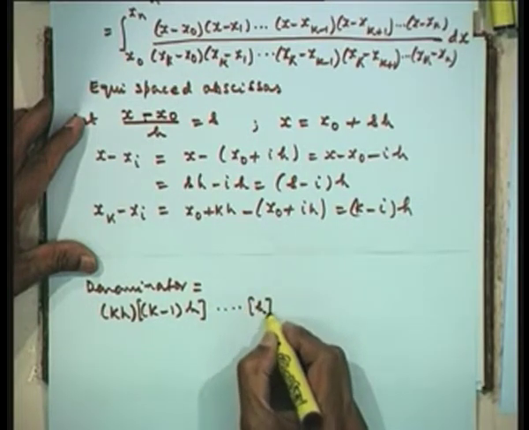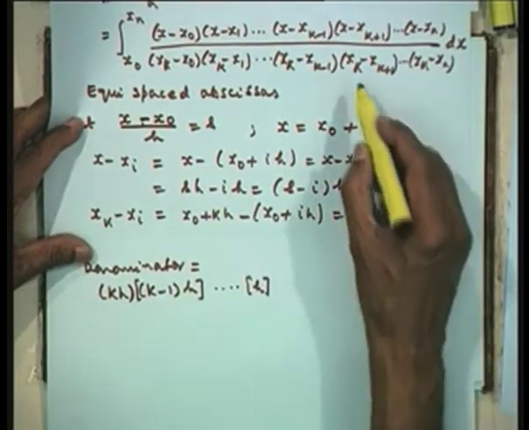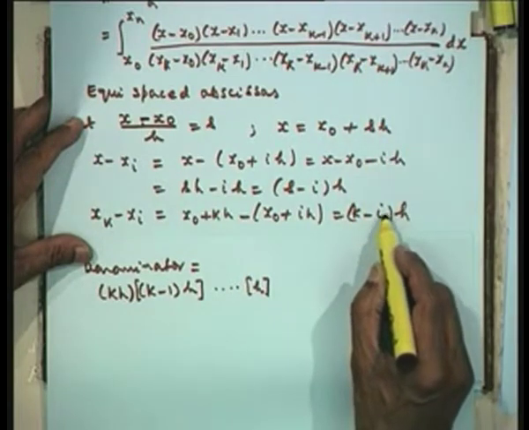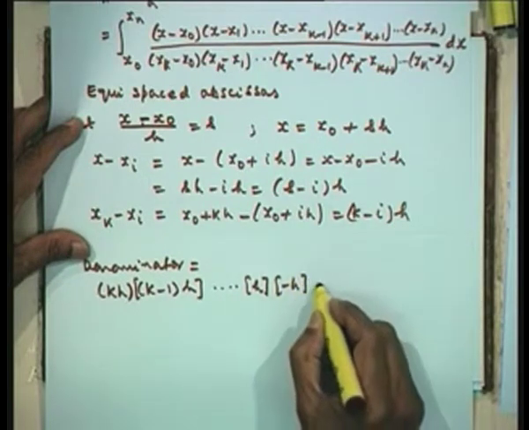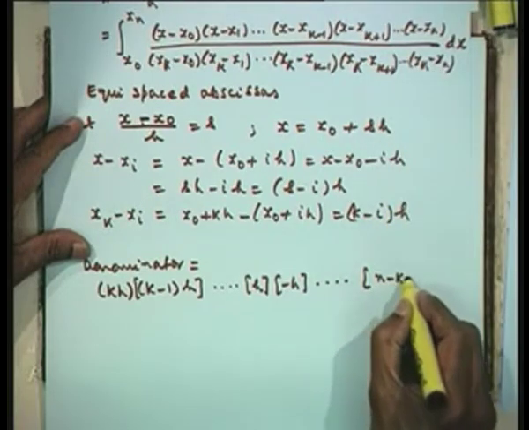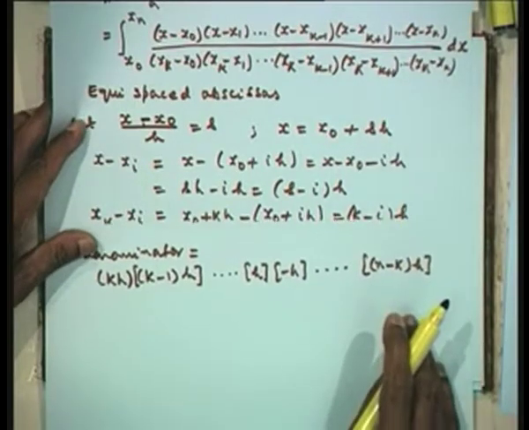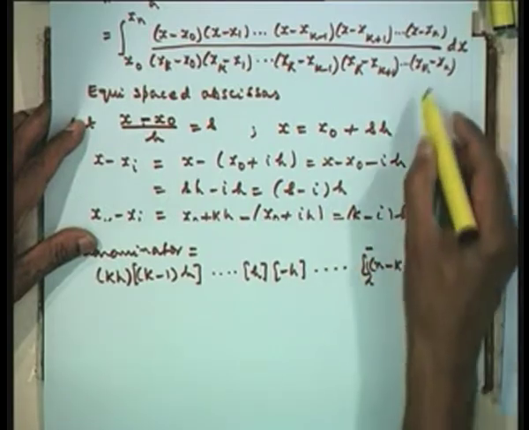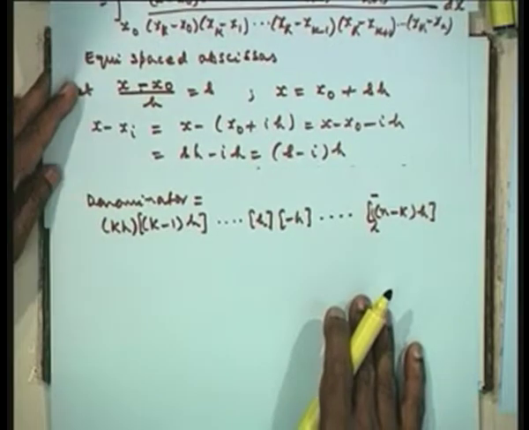So, I will have h here. Now, the next term is x k minus x k plus 1, therefore, I will have here minus h, and so on. The last term is n minus k into h, with a negative sign. So, this is minus n minus k into h.